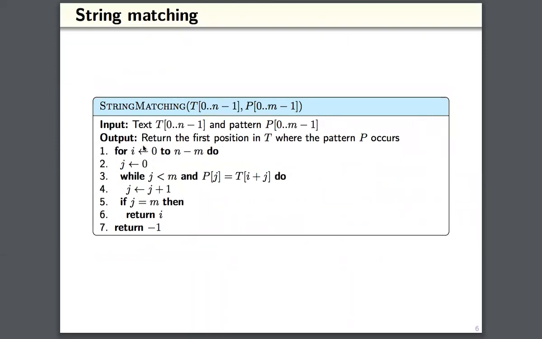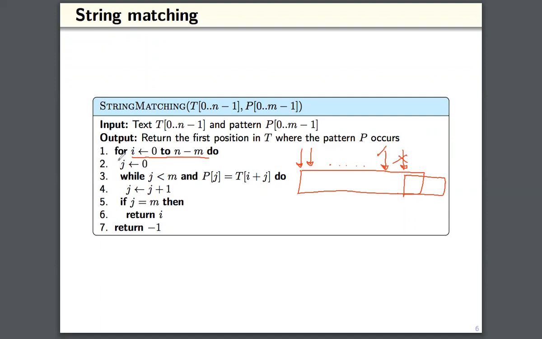So what do we do? i starts from 0 up to n minus m. The starting index is 0, next is 1, and so on up till n minus m. We cannot go past this, because if you go past this, the pattern will be outside, right? So this is the last entry.